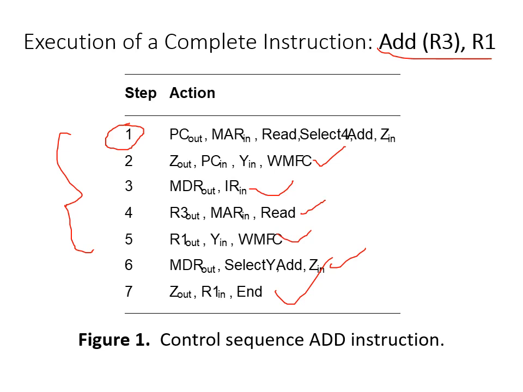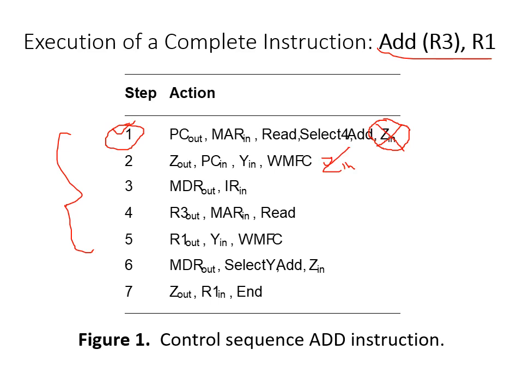I can ask you one simple question. Instead of executing Z in here in the first step of the add instruction execution, if the processor executes Z in during the second step, we can easily tell that the instruction execution goes wrong.